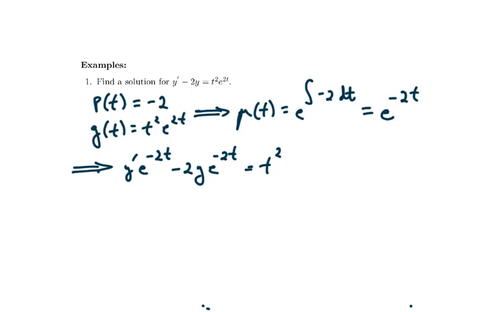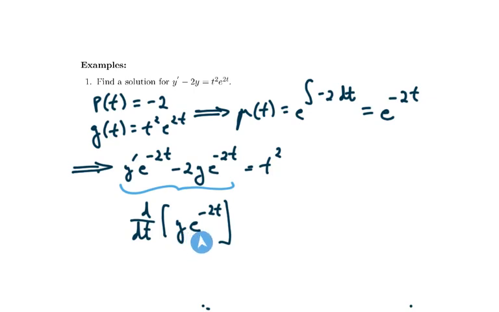It's at this point where it's important to note that this has now become d/dt of y e to the -2t. So that must hold. The left-hand side, after you multiply through by the integrating factor, must become the derivative of the product of your dependent variable times your integrating factor.